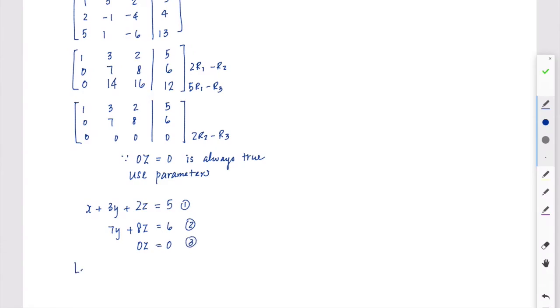If we let z be lambda, when we substitute it into equation 2, we can write y in terms of lambda, right? So we have 7y equals 6 minus 8 lambda, or y equals (6 minus 8 lambda) over 7.